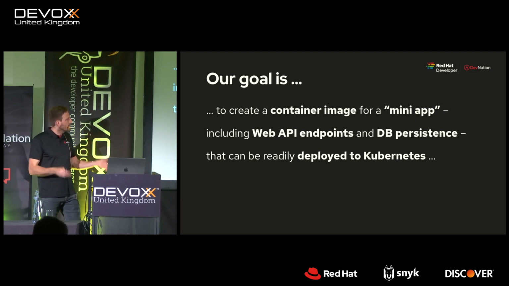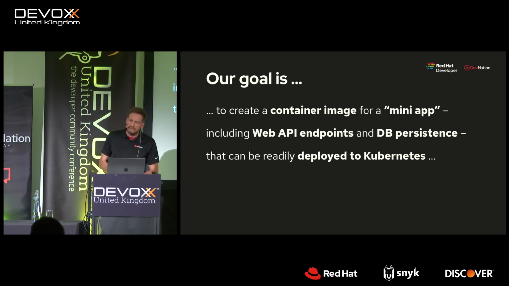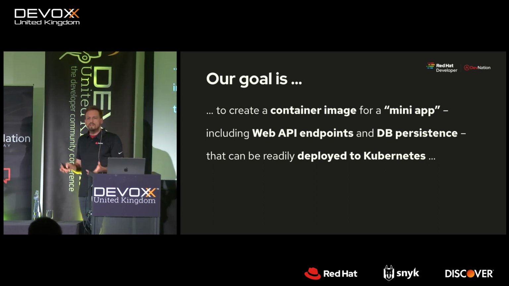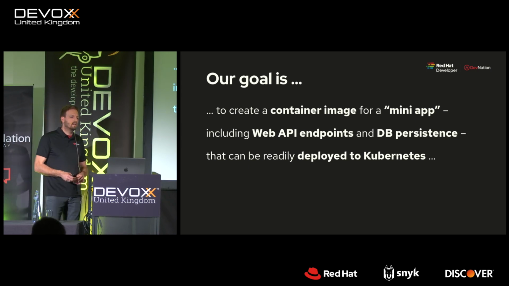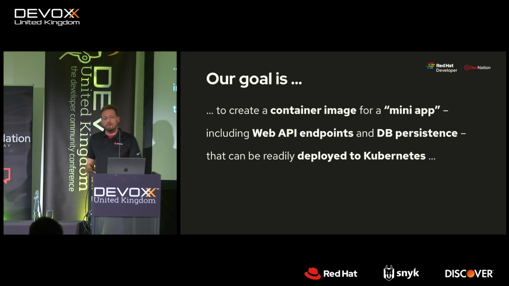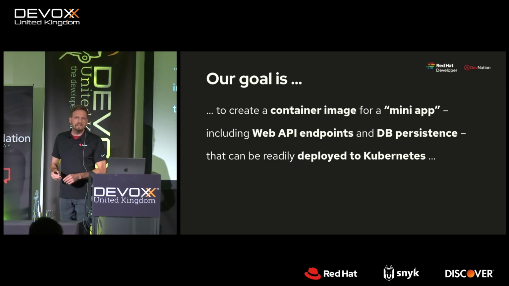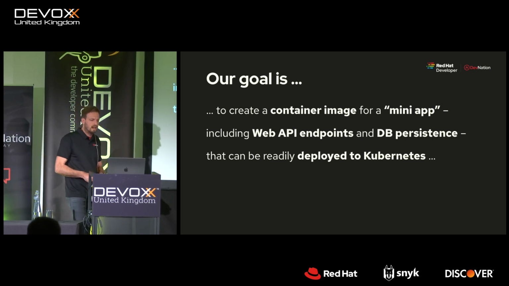And then at the end, once we have done that and we have initialized it with some sample data and stuff like that, we are going to build a container image for that so that we can finally deploy that whole application to Kubernetes. In my case, it will be OpenShift, or more specifically, the developer sandbox for OpenShift, which is available free of charge to you as well.